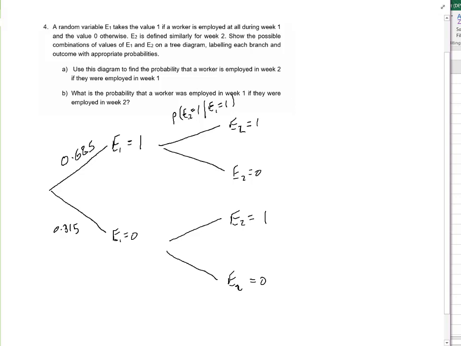And remember, this is the probability that they're both equal to 1, divided by the probability that E1 equals 1. According to Bayes' law, because you divide by the probability of the given one. So probability they're both 1 divided by probability that E1 is 1.